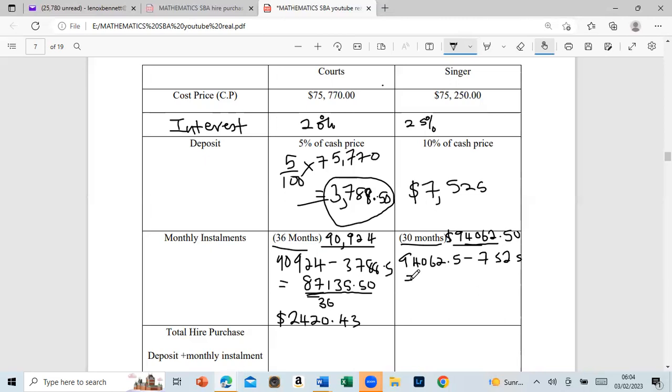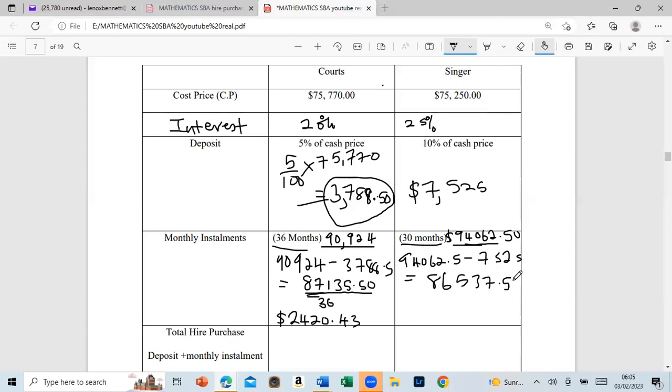So we have 94,062.5, no, minus first. So we're going to subtract 7,525. And that gives us 86,537.